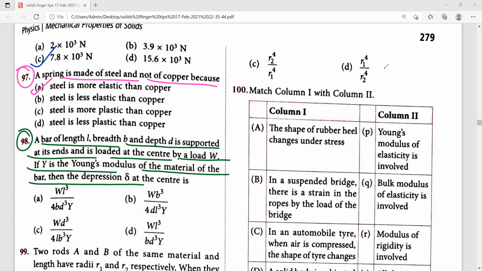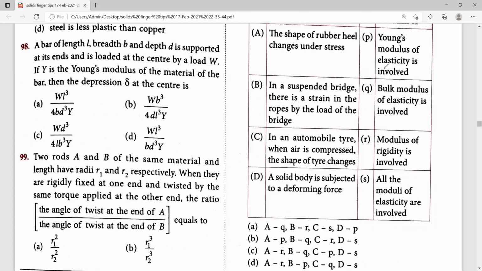When loaded at the center by a load W, the depression is given by the formula delta is equal to WL cube divided by 4BD cube into Young's modulus. Therefore, this eighth one is the right answer.